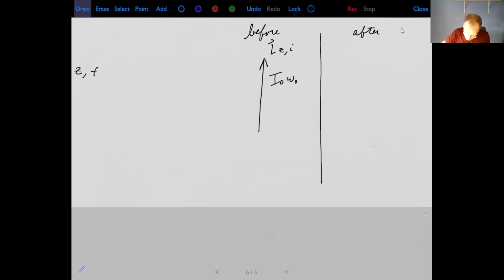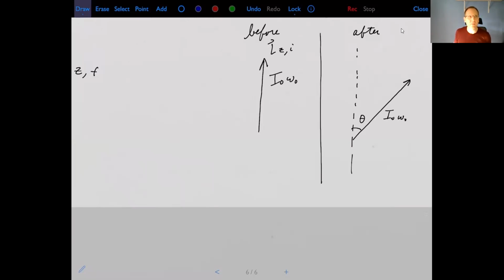And then after, the student rotates it through some angle theta. So this is theta here. The magnitude of the angular momentum of the wheel is still the same, it's still I naught omega naught. But now only part of that vector is in the vertical direction.